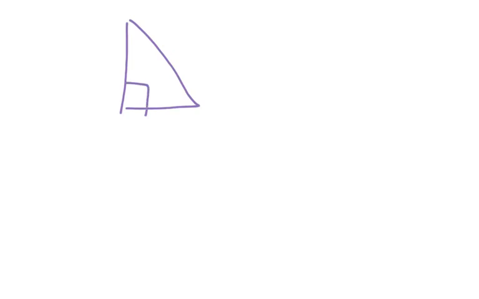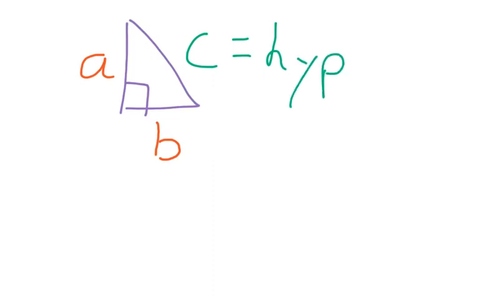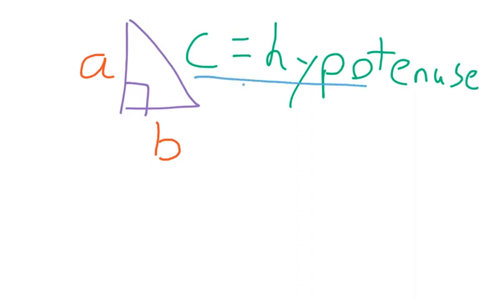And another way that we label these sides of a right triangle is that sometimes we will call the two legs A and B, and then the hypotenuse is always the letter C. So A and B can be switched around, but C always is the hypotenuse. So the side that's across from that right angle, that perfect corner, that is always the letter C. That is always the hypotenuse, no matter what.